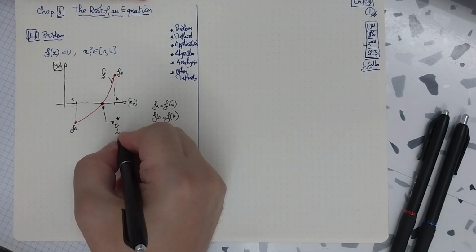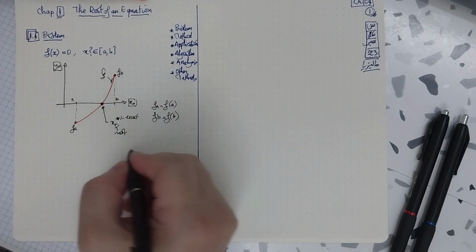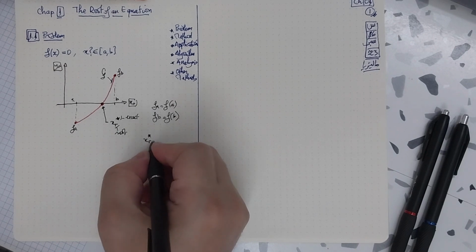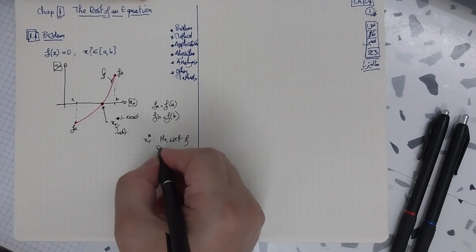R means the root and star means the exact. So XR star is the root of our equation.